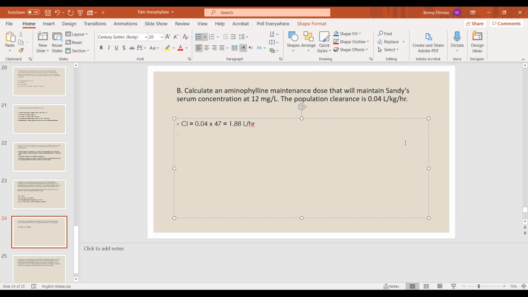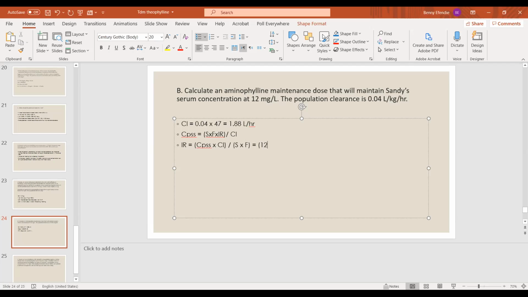Okay, so our dose formula will be CPSS equals S times F times IR divided by clearance. So we want the IR, which is CPSS times clearance divided by S times F. Can we do this one?